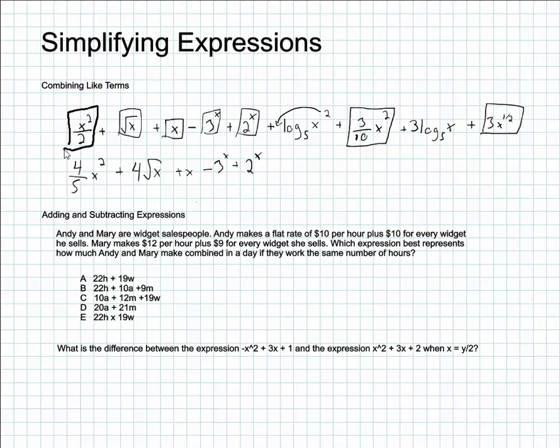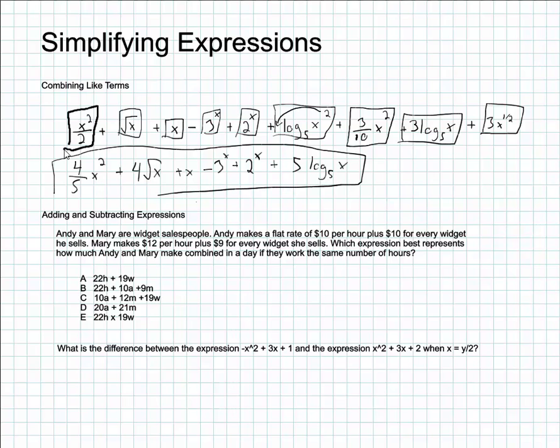That's going to give us 2 times log base 5 of x plus 3 times log base 5 of x. So we can actually combine those. So that gives us plus 5 log base 5 of x. So now we've combined those last two terms there. And it looks like we're done. So we have simplified that expression by combining all of the like terms.